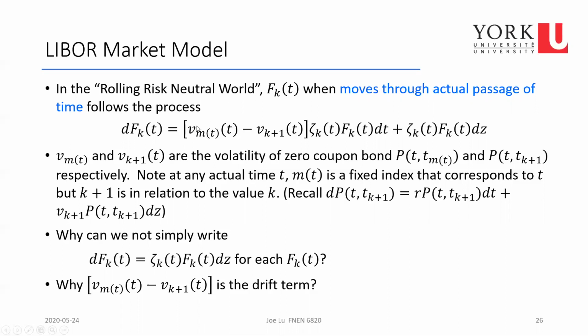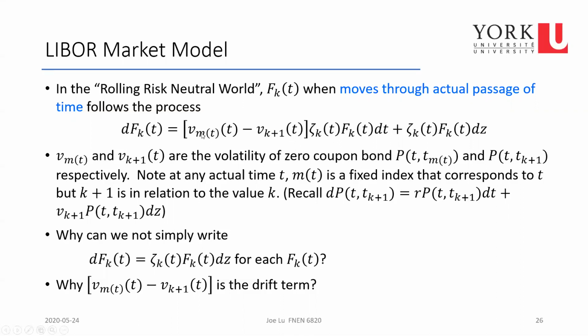So there's only one of them where this one will cancel out. It must be the case where m equals k plus one, and this one will cancel out. If m is not equal to k plus one, for all the other ones where you have k being a different number, let's say k is 4 and m is 3, then this one is not 0.